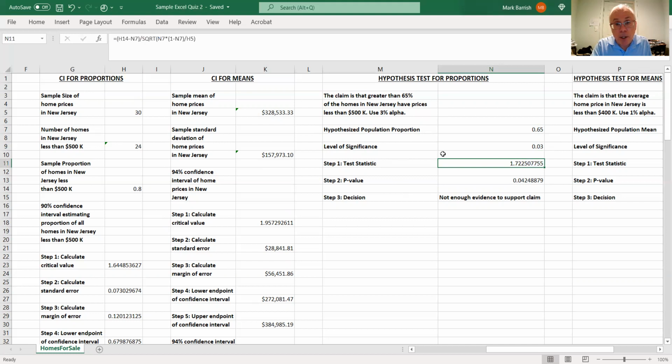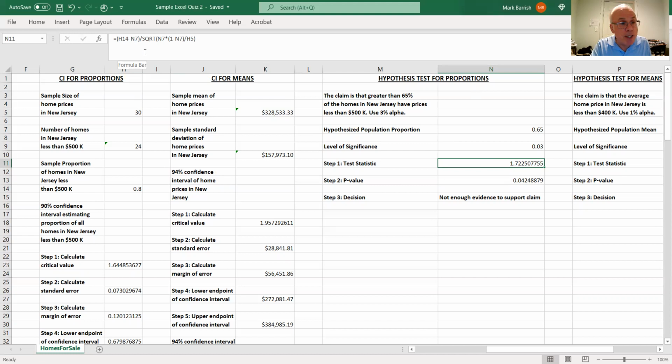Test statistic. Well, again, it's for proportions, so the test statistic will be a Z test statistic. Now, the numerator is going to be in parentheses. It's going to be the sample proportion minus the hypothesized proportion. Now, what's the sample proportion?